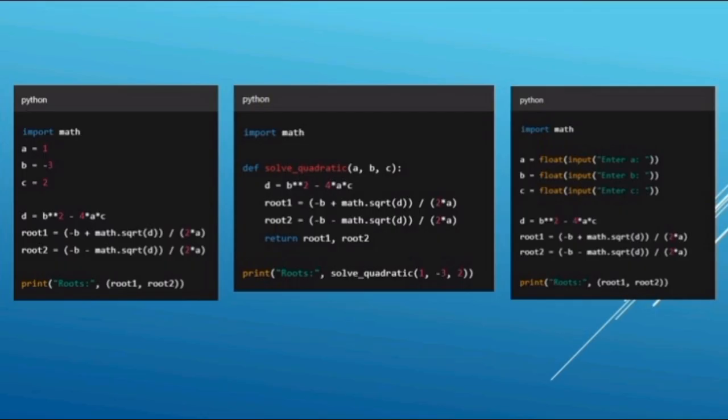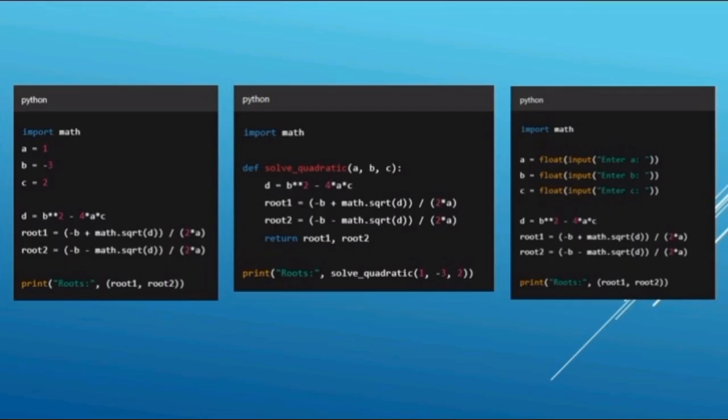The next approach is using a function. There also we have imported math, and here we need to define a function like solve_quadratic with the parameters a comma b comma c. Like in the previous case, we have taken a variable d equals b square minus 4ac.